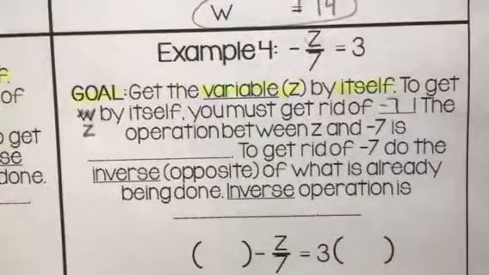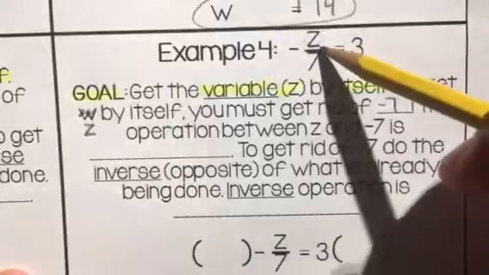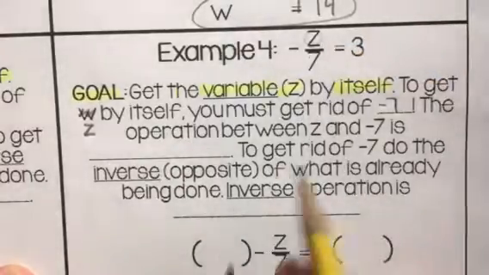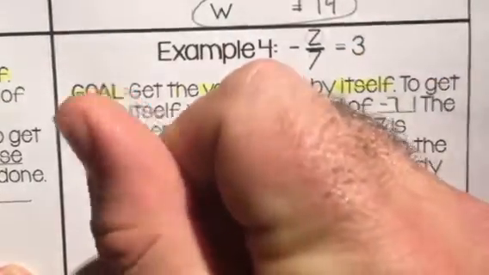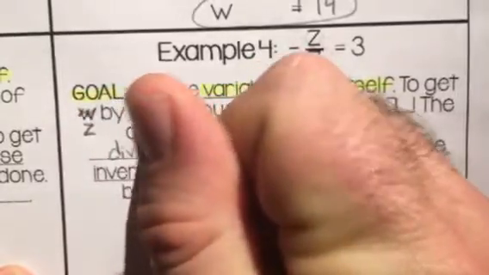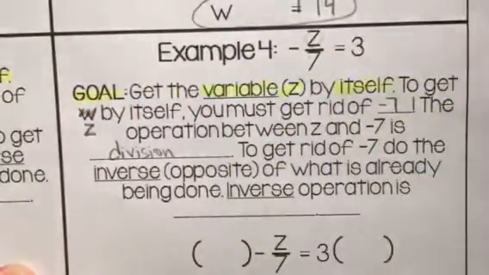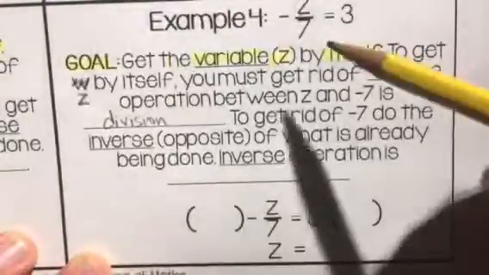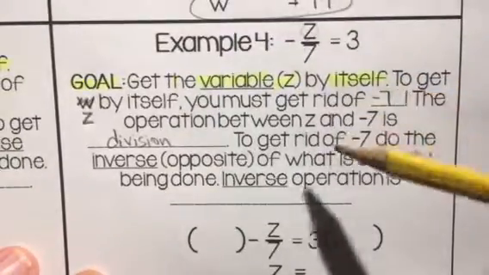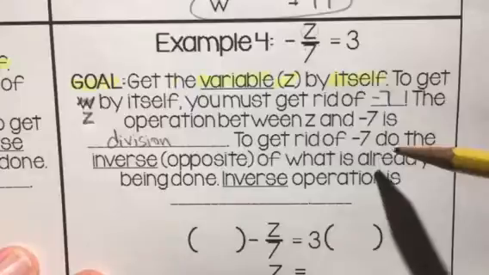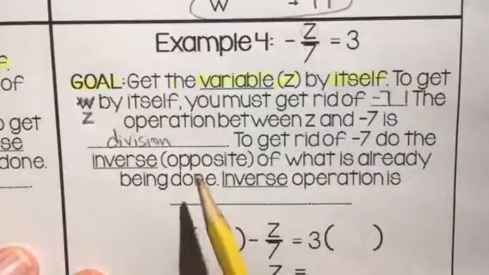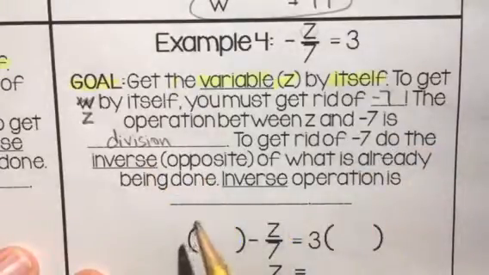The operation between z and 7 is, well, with this fraction bar here, we know that the operation is division. It is z divided by 7. And to get rid of this 7, we need to do the inverse or the opposite of what is already being done.